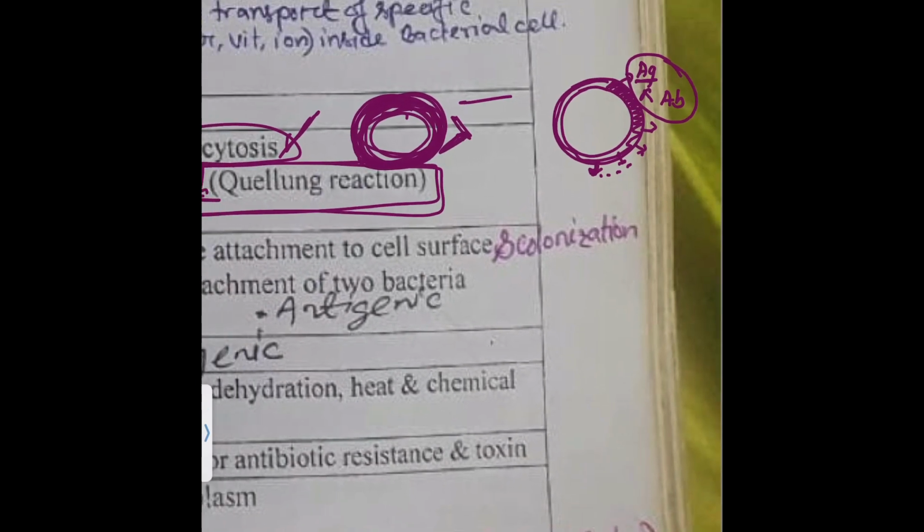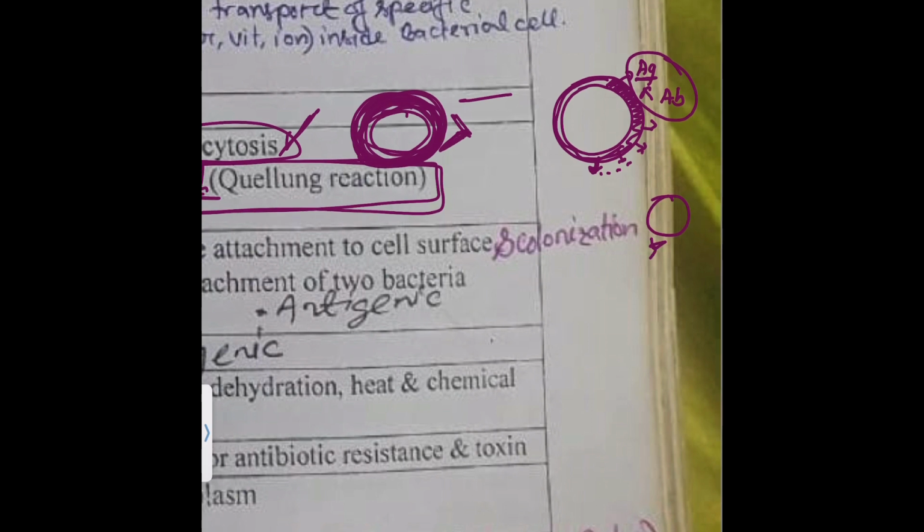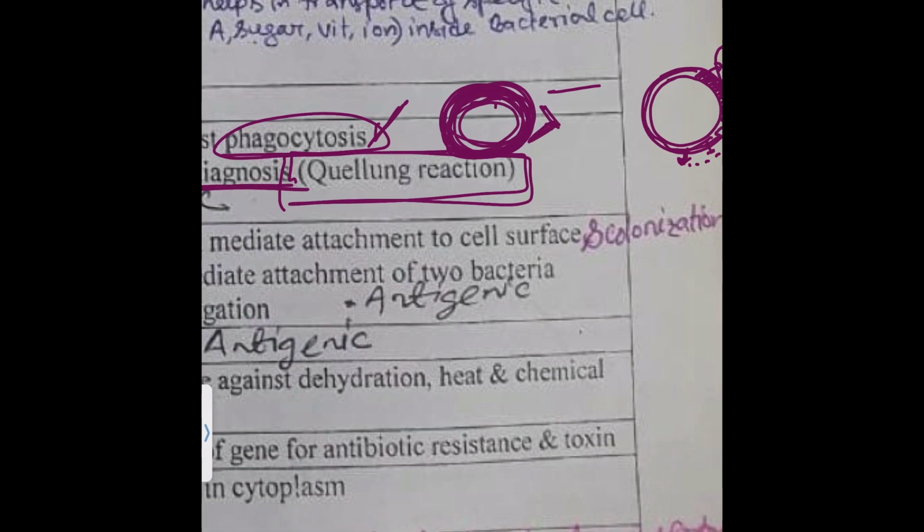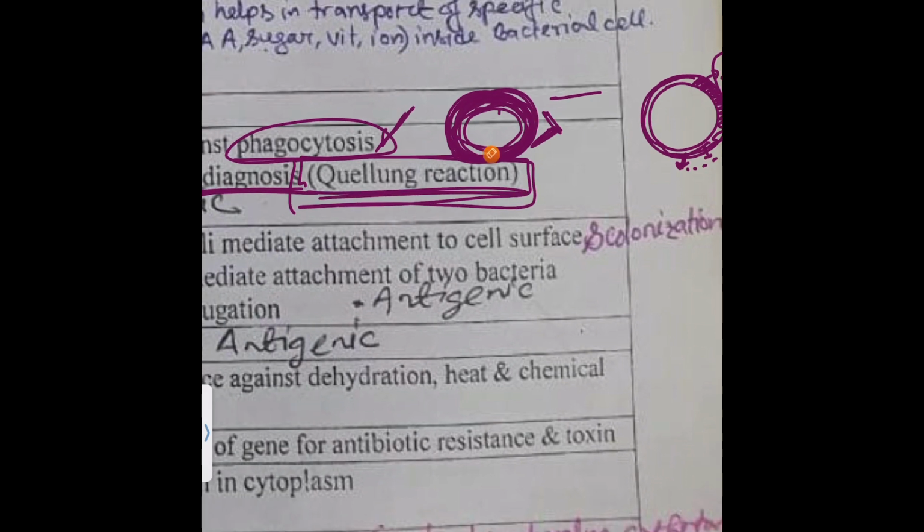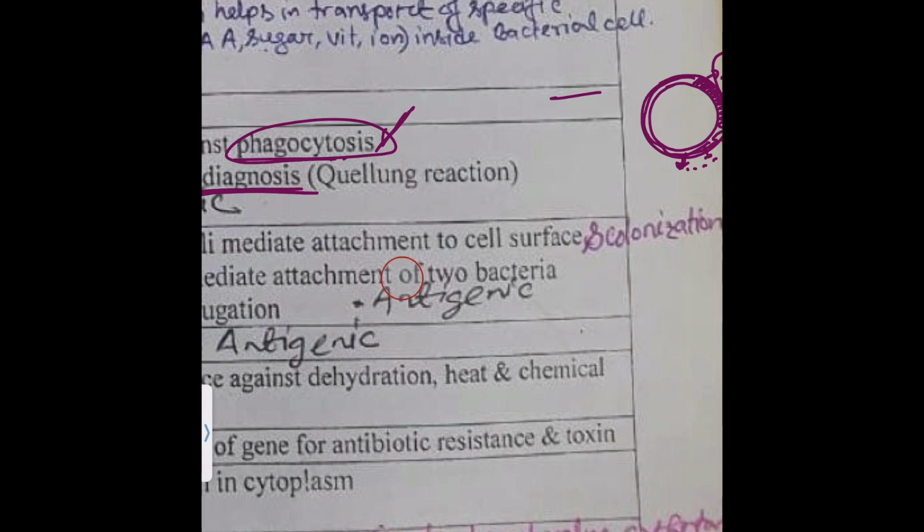When the antibody given in the lab binds with the capsule antigen, the capsule swells up and becomes bigger, which can be observed in the laboratory. This swelling is known as the Quellung reaction. If the organism does not have a capsule, no matter how many antibodies we give, it won't swell. So the Quellung reaction identifies all the capsulated organisms.